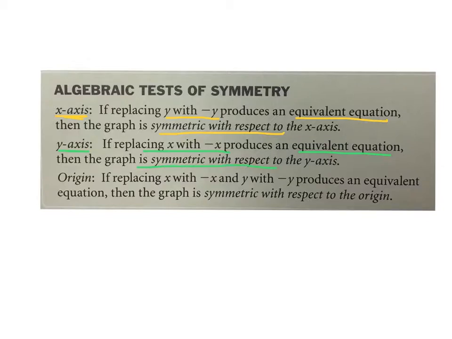And then when we get to the origin, if we replace x with negative x and y with negative y, and we still get an equivalent equation, it's symmetric with the origin. Of course, you can also graph them on your calculator and kind of look at them too, but to be 100% sure, you have to do the test because you can't always trust what you're looking at on your calculator because the graphs aren't perfect by any means.